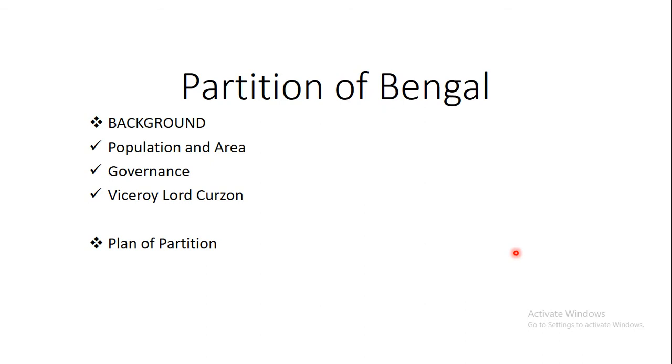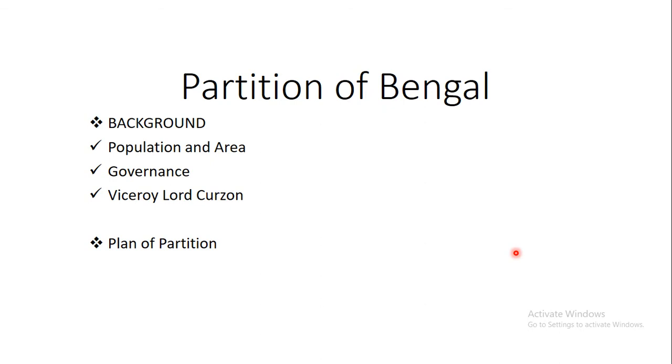It was in 1905. Remember students, while attempting a question on the freedom struggle or history, you have to give each and every topic a background. So the background of the partition of Bengal: first of all, its population and area.